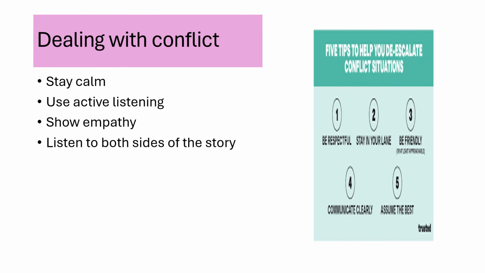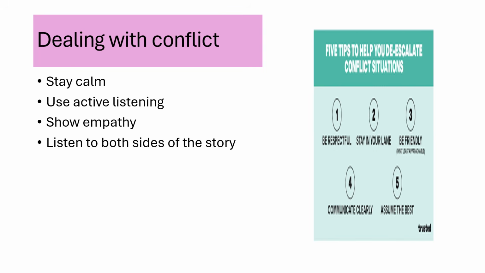Dealing with conflict that you may come across. Now, that may either be with a patient or a family member of that patient being really angry, really upset about something that's happened to their family member. At all points, you've got to try and stay calm. You've got to try and use active listening, which means that you're not talking over them, you're listening to what they say, but you're acknowledging it.